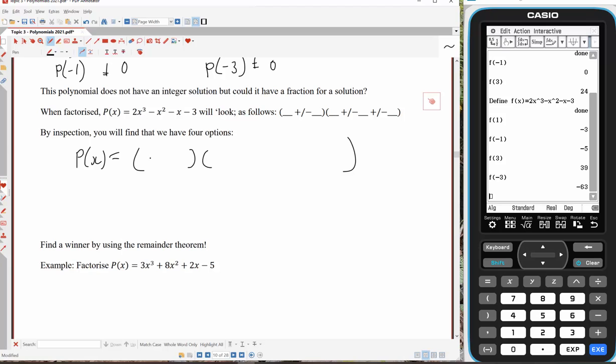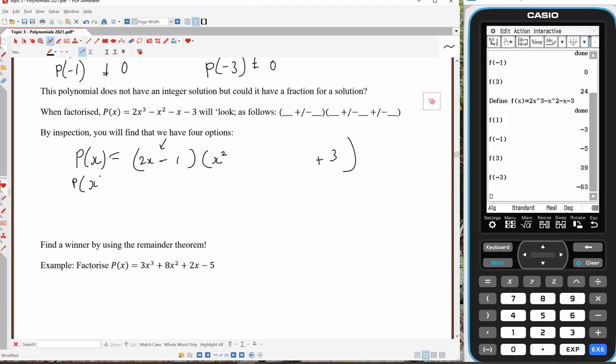This can be 2x here, which means this will be x squared here. This could be take 1, which means that this will be plus 3. So that to that and -1 will give us that. So this is an option.